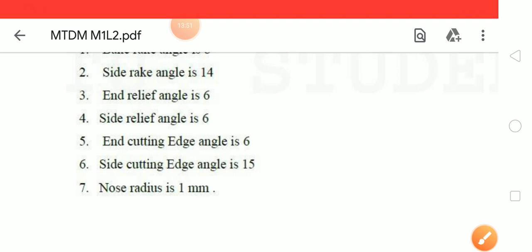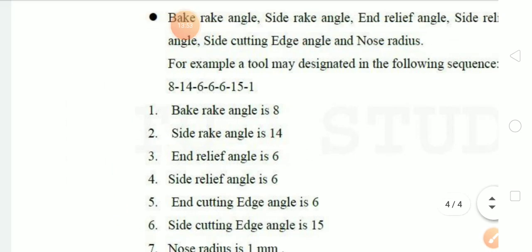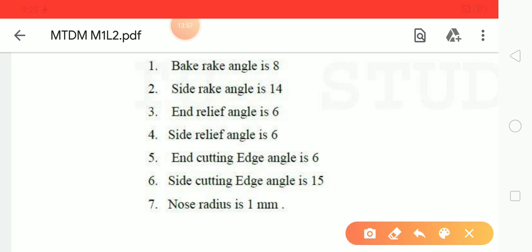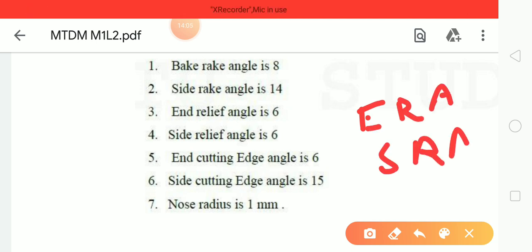Then you can use ERA, SRA, EC, SC, nose radius. First one back rake angle, second one side rake angle. Then ERA, SRA, EC, SC, nose radius.